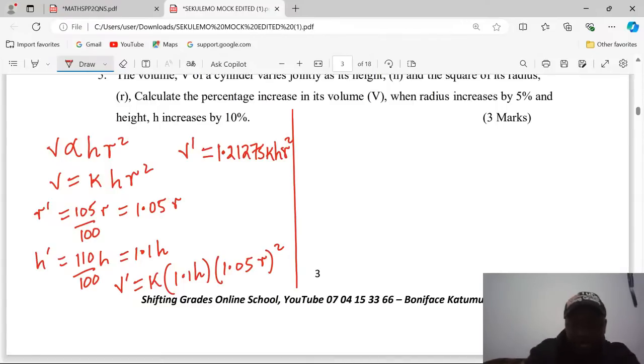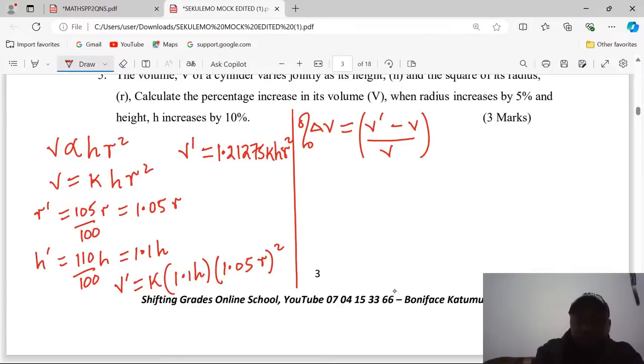For us to get the percentage change in V, we need the new V minus the original V, then we divide by the original V, and we have to multiply by 100 because we are getting percentage change.